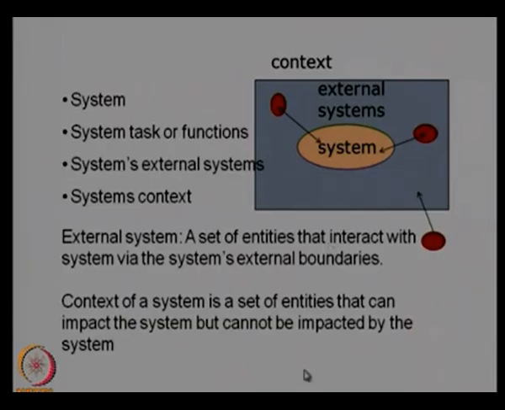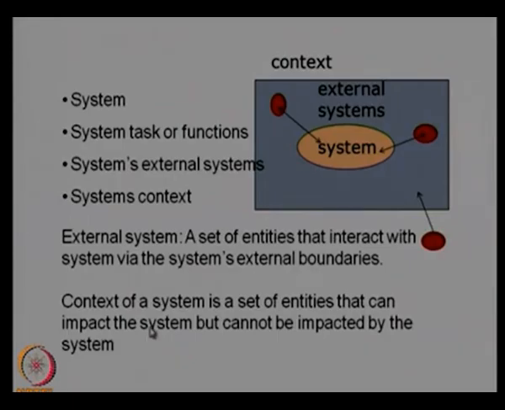The context of a system is a set of entities that can impact the system but cannot be impacted by the system. So an external system can be impacted by the system, or it can impact the system, but the context of a system cannot be impacted by the system, while the context will always have an impact on the system. So that is the difference here.